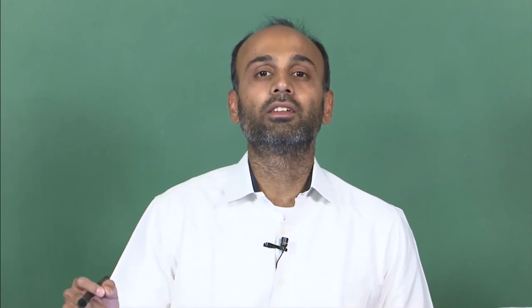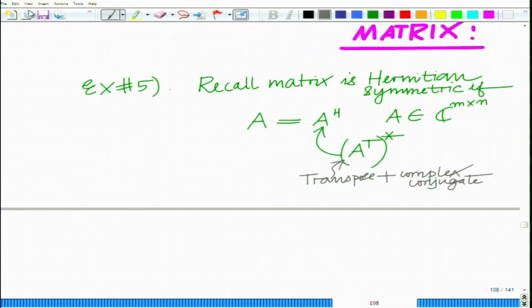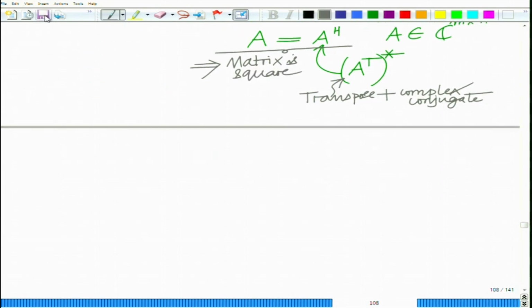Okay. And naturally, for a matrix to be Hermitian symmetric, it must be the case that it is a square matrix, correct. So that an n cross n matrix remains an n cross n matrix when you take its transpose. So, this implies for a Hermitian matrix that the matrix is square; it makes sense only for a square matrix.